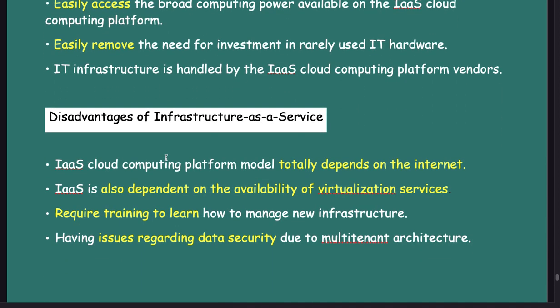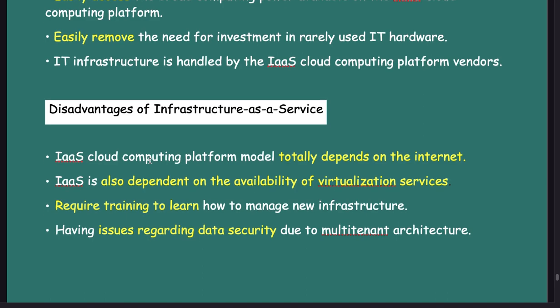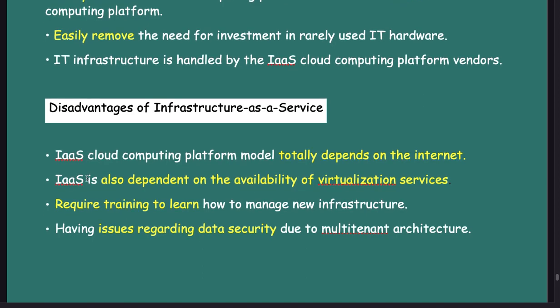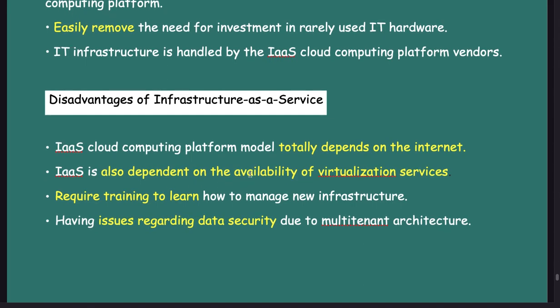And it has some disadvantages. This IaaS cloud computing platform model is totally dependent on the internet. This is the first disadvantage. IaaS is also dependent on the availability of virtualization services.